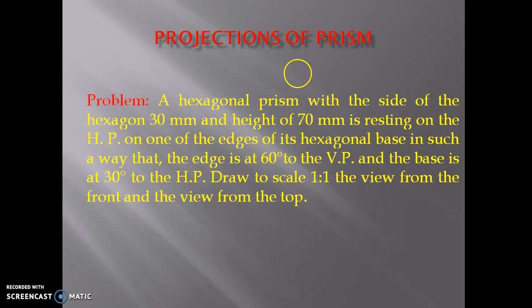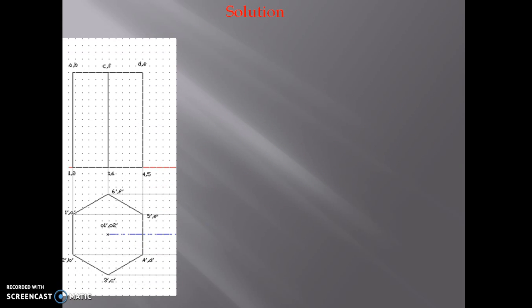The same edge is making 60 degree angle to the VP, and the hexagonal base is making 30 degree angle with the HP. So these are the conditions of the base and the edge of the base with HP and with VP. Accordingly we have to use these conditions in the rotation method to obtain the projections of this prism. Now let us see the solution of this problem.